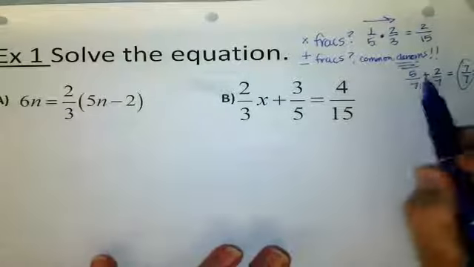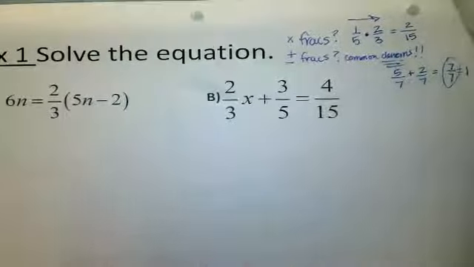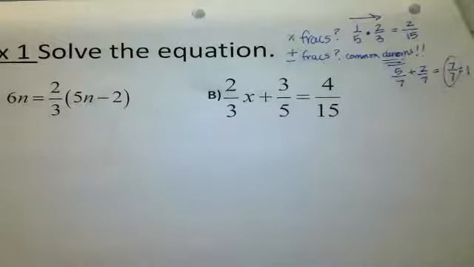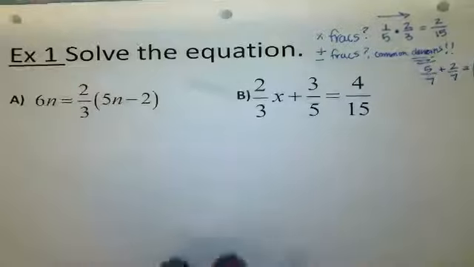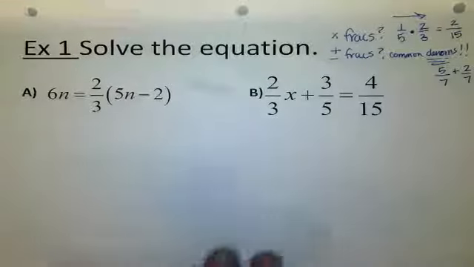When you add fractions with common denominators, you just add the numerators and the denominator stays the same. Hopefully you all remember those rules. Try them yourselves, but you can certainly check with the calculator. Do both, because you want to be really good with both.